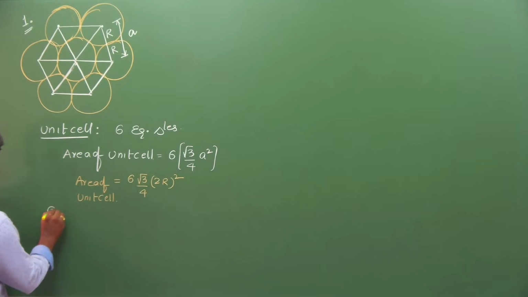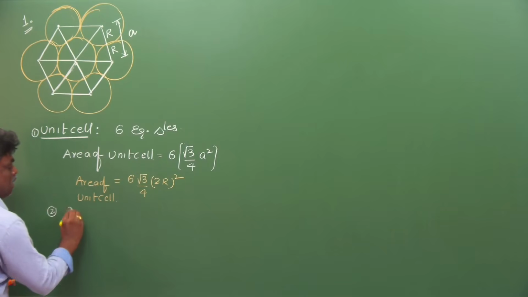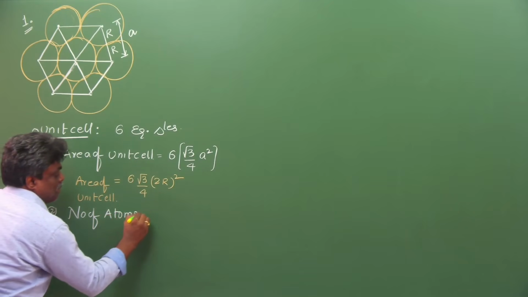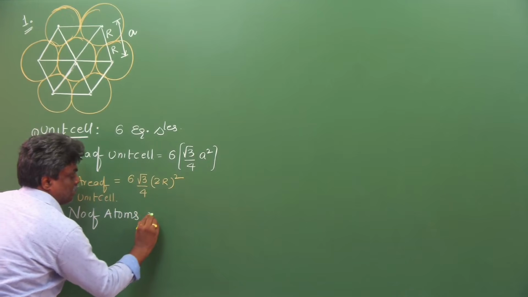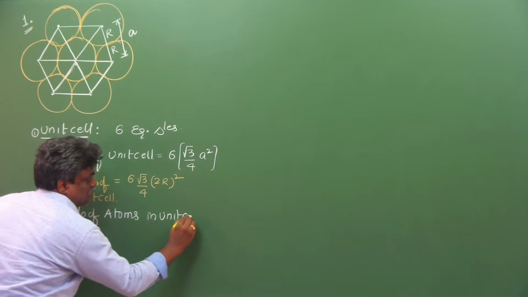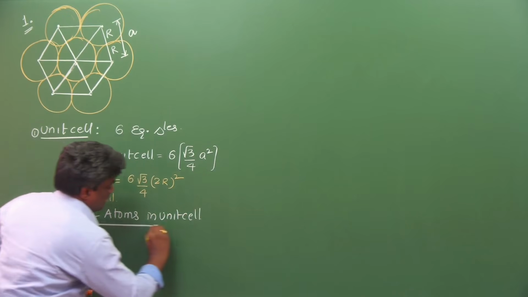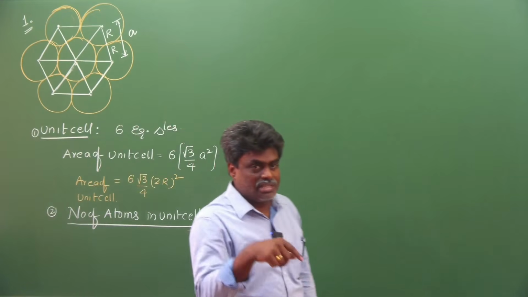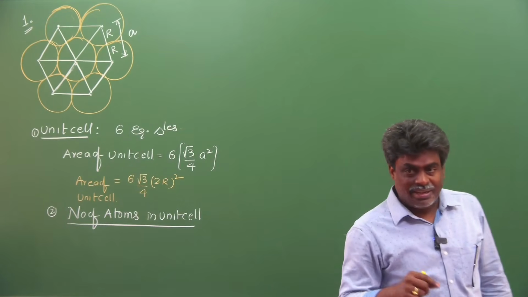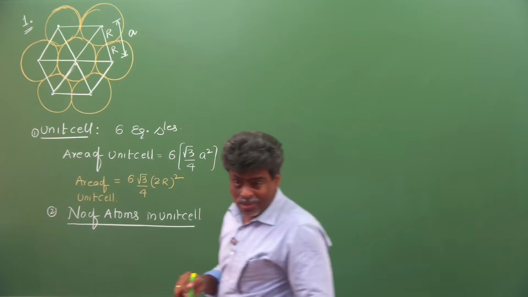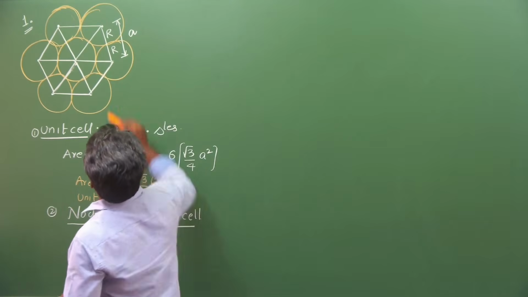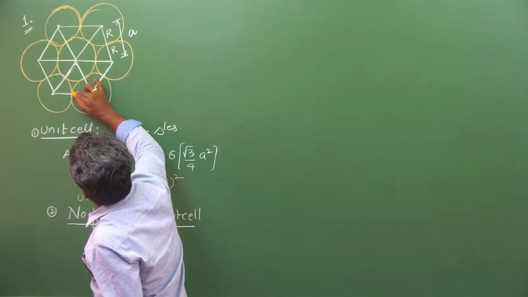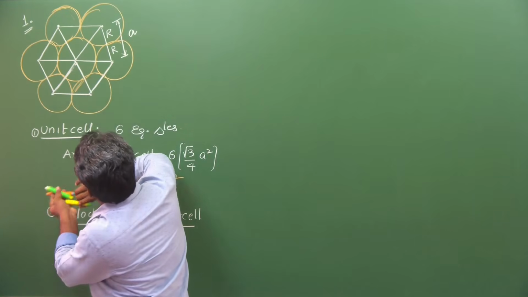Next thing, what do you want? Number of lattice points, or number of atoms in the unit cell. Listen, very easy. I told you one small technique. Whenever it is a 2 dimension plane, take the angle by total angle. So your unit cell is a hexagon. Now please go to the one atom.